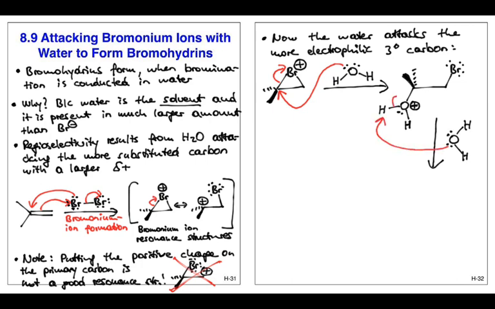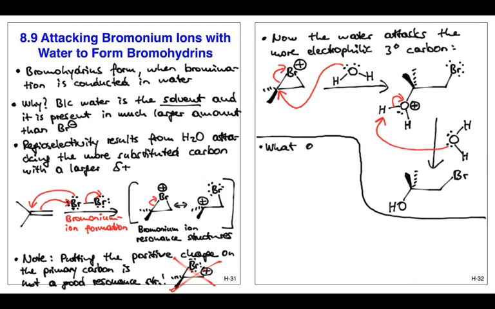Again, the water oxygen is the base. You do the standard deprotonation, and now we form the product. So you see we're getting an OH group on one side and the bromine attached to the other side of the double bond. Again, the key is to put the OH group on the more substituted carbon in this mechanism, and again have anti-addition.